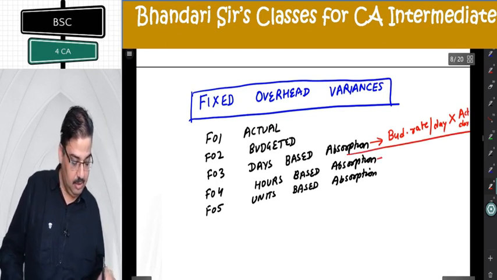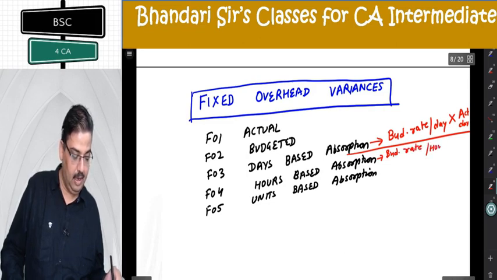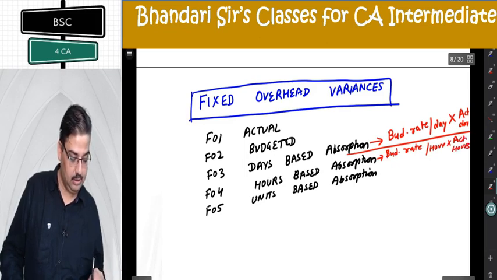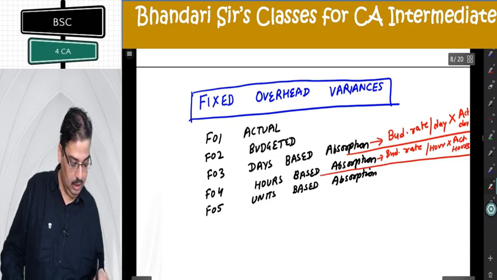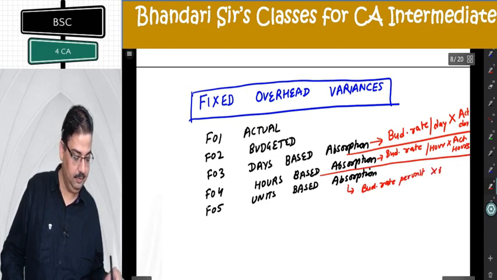In hours based absorption, budgeted rate per hour multiplied by actual hours. In unit based absorption, budgeted rate per unit multiplied by actual units.